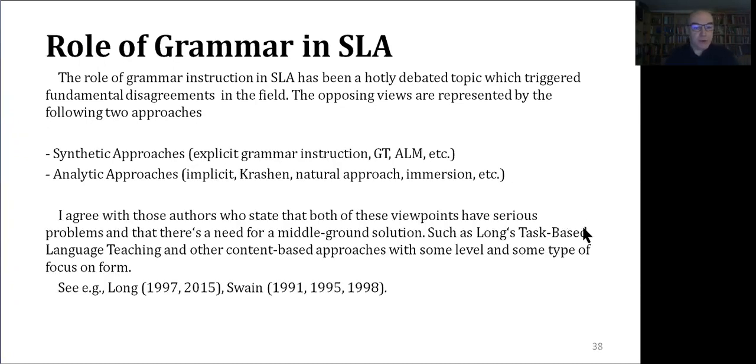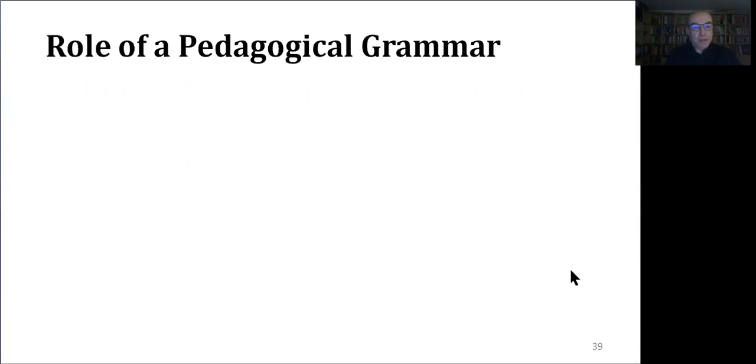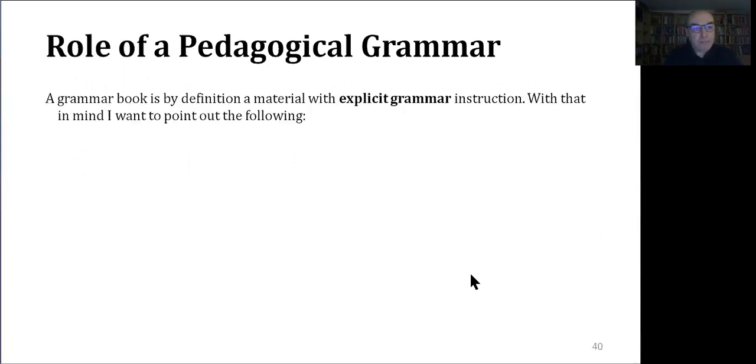I agree with those authors who state that both of these viewpoints have serious problems and that there is a need for a middle ground solution, such as Mike Long's task-based language teaching and other content-based approaches with some type of focus on form. So, a grammar book is by definition a material with explicit grammar instruction.